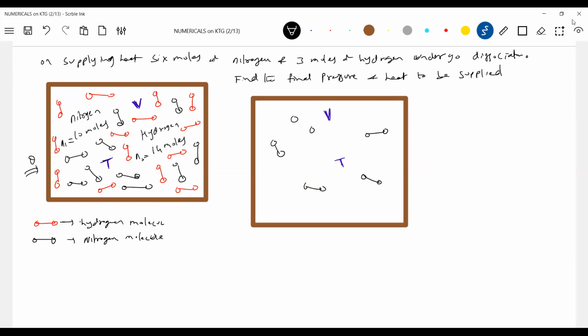How many bubbles should I put? 12. Now hydrogen: 3 moles of hydrogen out of 14 got dissociated, so the remaining 11 I have to show as it is.